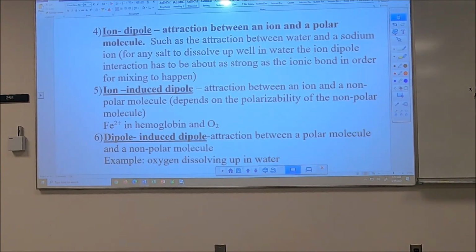For any salt to dissolve in water, the ion dipole interaction has to be just about as strong as the ionic bond. If the ionic bond is really strong compared to the ion dipole interaction that we can generate with water, then that ionic compound isn't going to dissolve well in water.